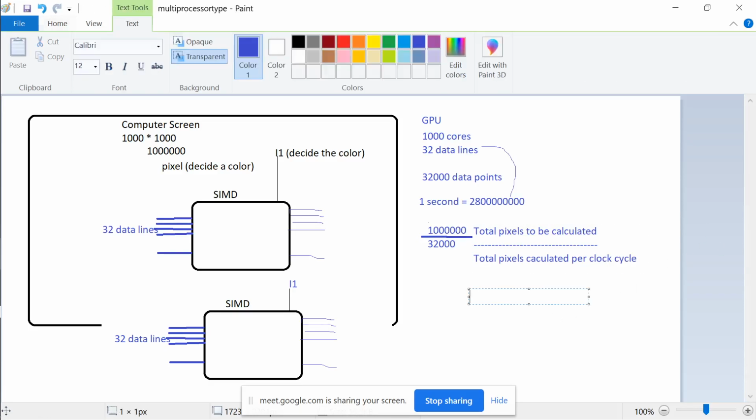This will give you the answer of total clock cycles to process all pixels.